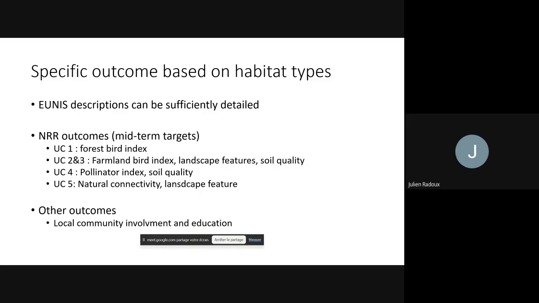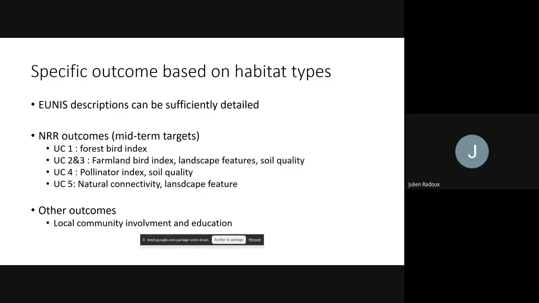But it's not always usable for the project, because we work in many areas that are used by humans and not on very remote biodiversity reserves and things like that.